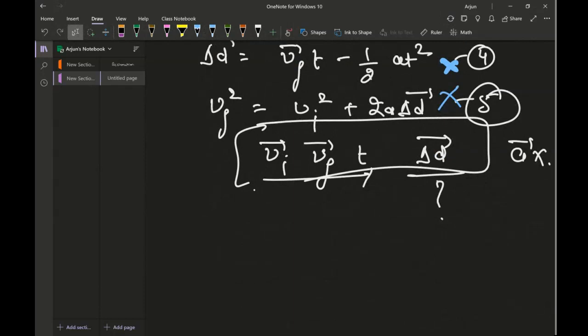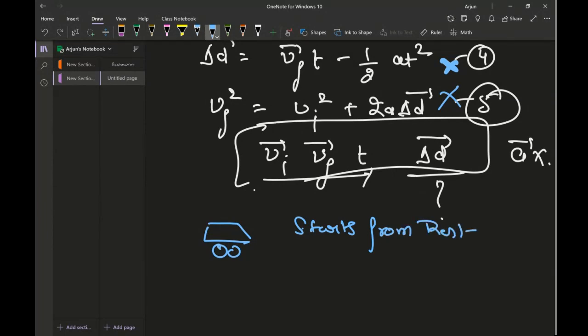Now I'm going to try and solve one question based on whatever we've learned. So for example, there is a car which starts from rest and accelerates to a final velocity of 10 meters per second.